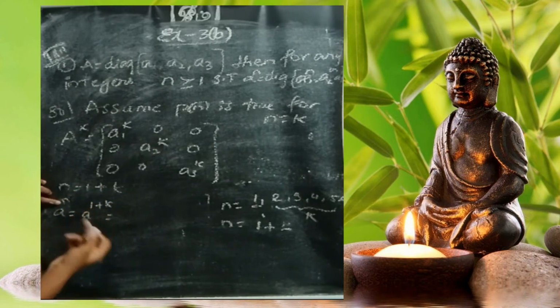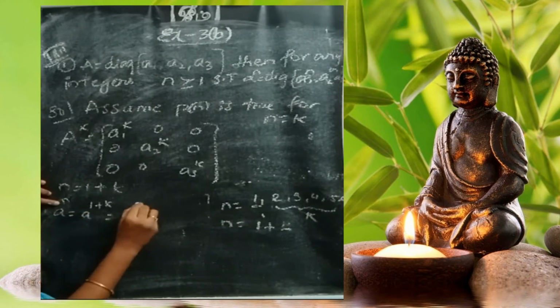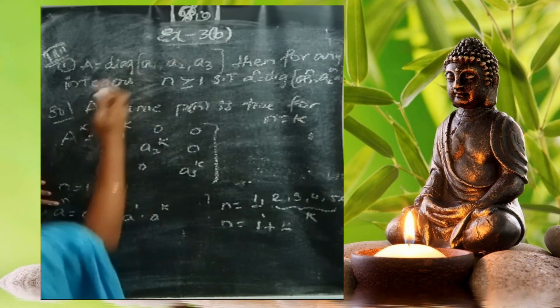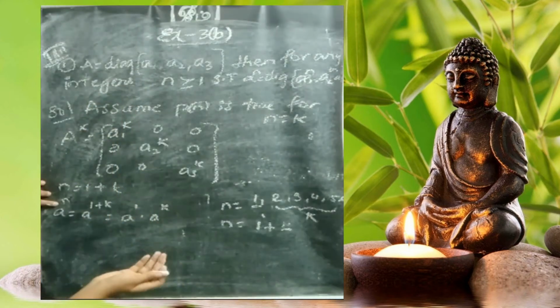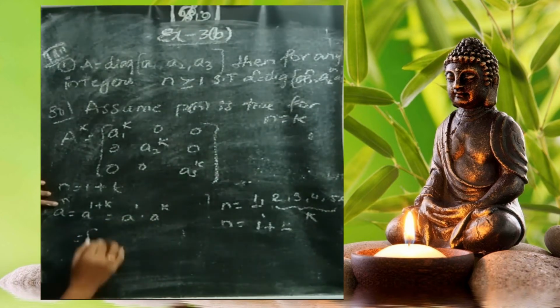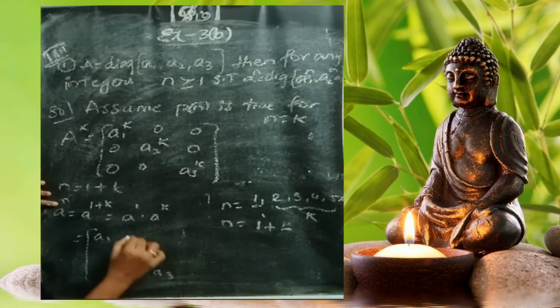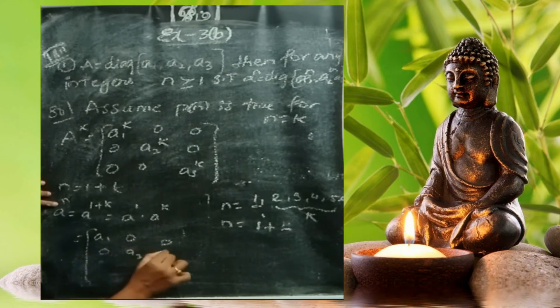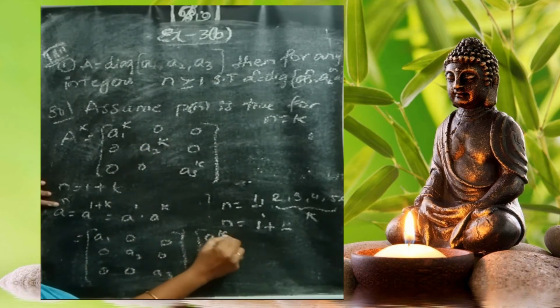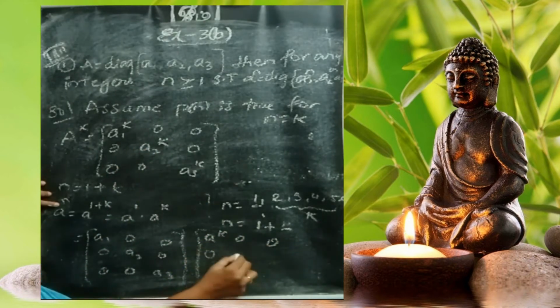A power m plus n is nothing but A power m into A power n. A power 1 is nothing but the diagonal matrix only, since anything power 1 is the same value. So the diagonal matrix is a1, a2, a3, and the remaining all zeros. Now A power k is this one. We have to multiply both the matrices.